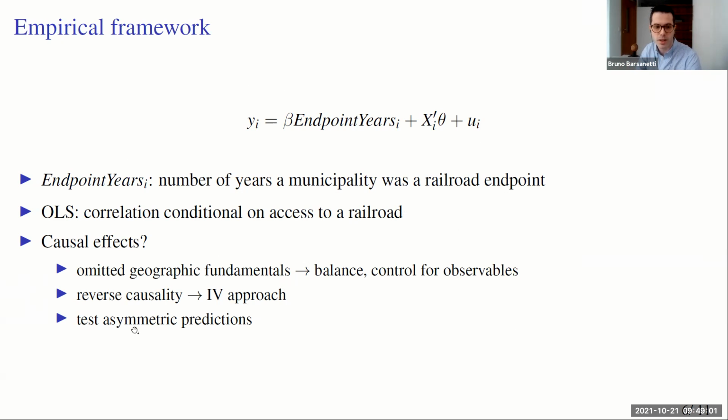We'll have a concern regarding reverse causality, which I will address with an IV approach that I will discuss in a moment. And we will also be using these asymmetric predictions regarding the effect on distance to the next town and distance to the previous town to give further support that the associations I document here are likely to be capturing a causal effect.